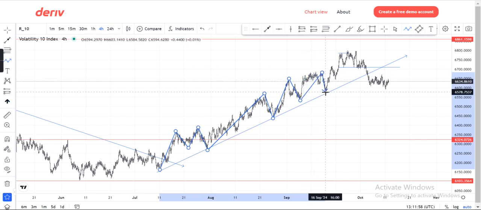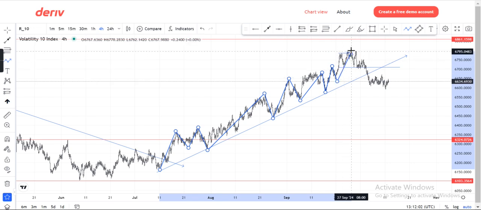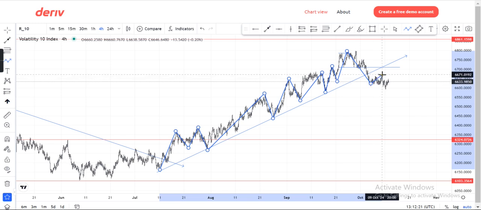It did it again, and then we had it to the upside. Now at this area, we'll find that the market did not create a higher high, and what did it do? It simply created a low. You understand? It created a low.